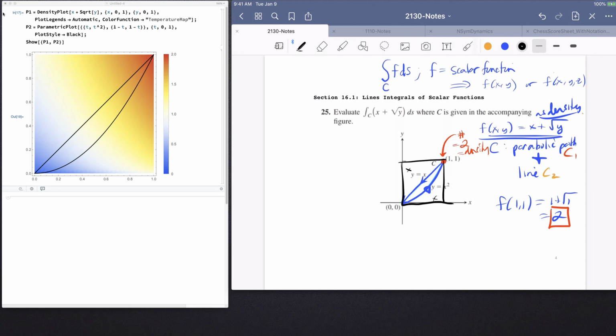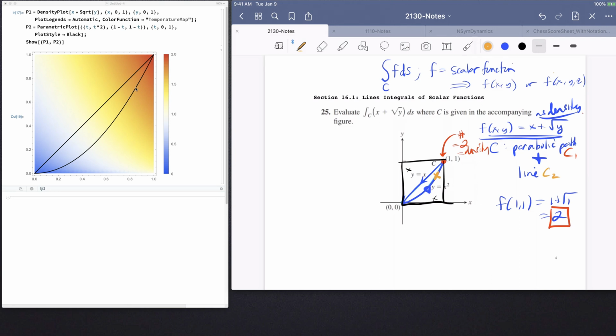So we're imagining a sheet of paper or something, but this sheet is not a uniformly dense piece of material. At this point here, in the plot on the left, you can see that the color is kind of orange.